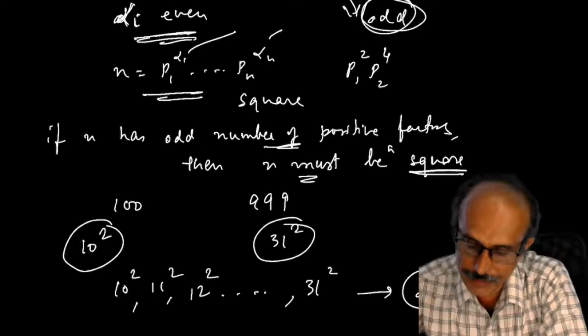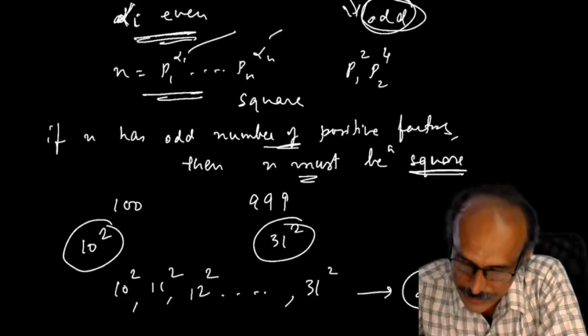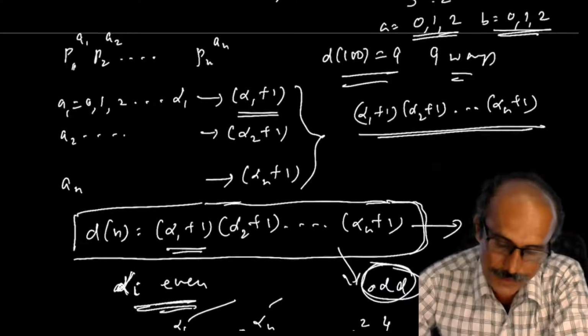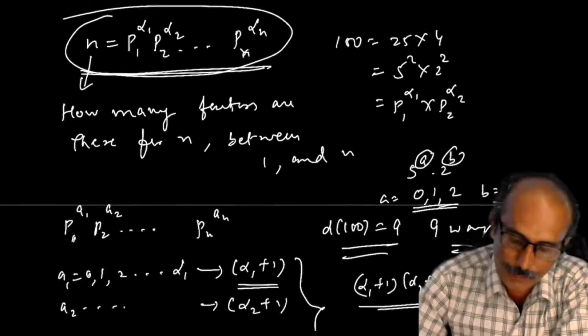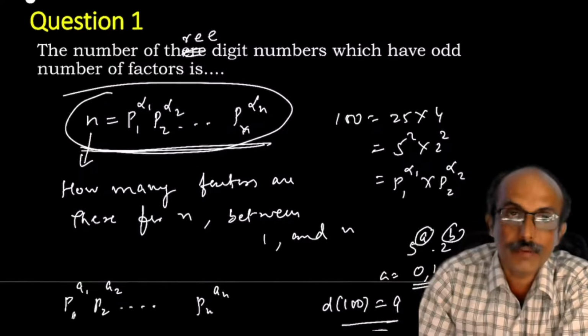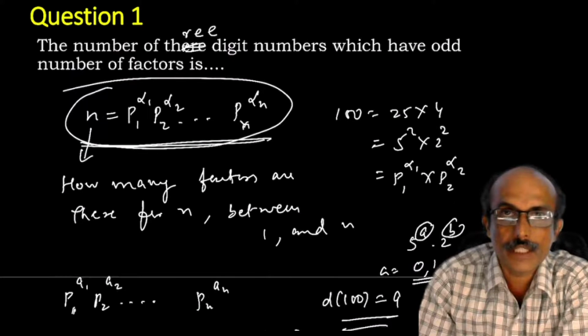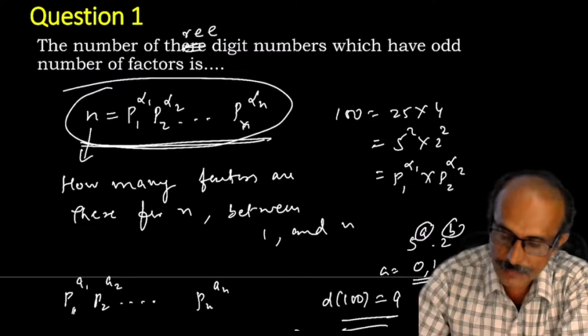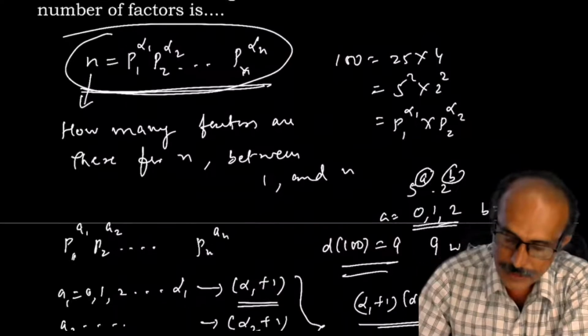So just see the way we arrived at the answer. Let's look at the question again. Number of 3-digit numbers which have odd number of factors. So basically we characterized numbers which have odd number of factors. We have seen that if it has odd number of factors, it should be a square.